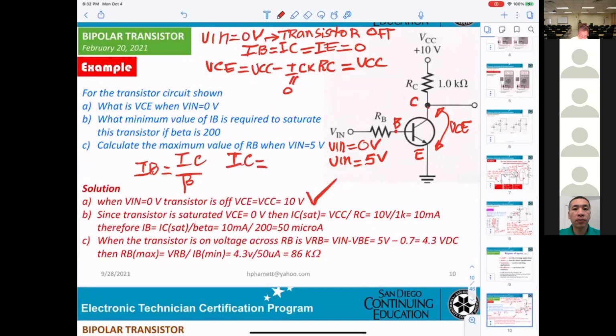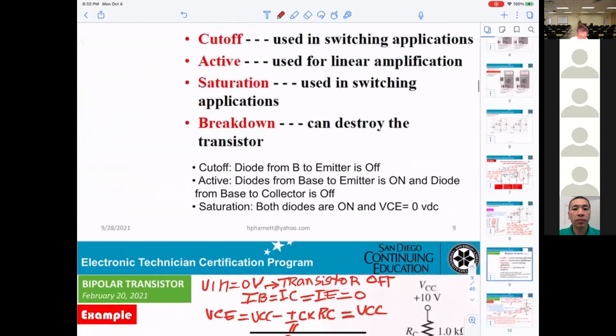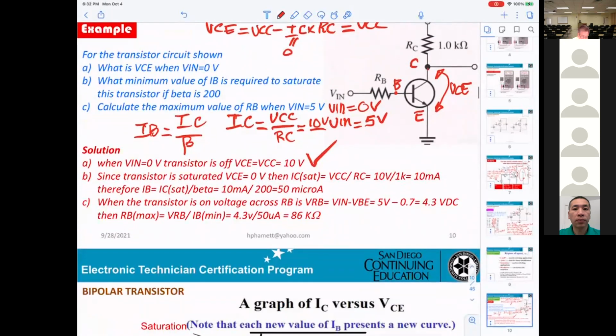In here, IC already equals VCC divided by RC. So that will be 10 volt divided by 1K. Volt divided by kilo ohm, you must get milliamp. That's the unit conversion. So that's why you get 10.